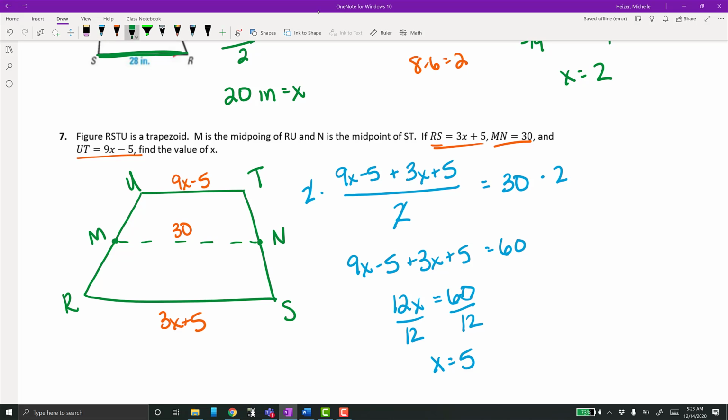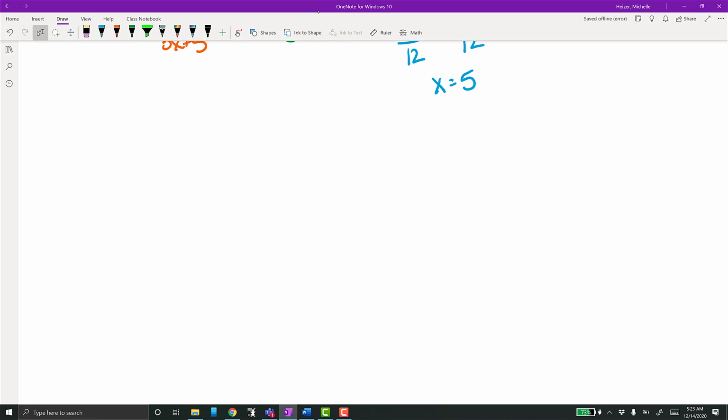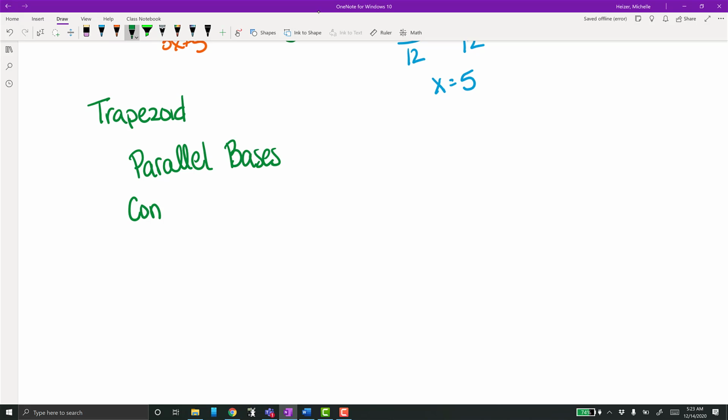So let's go ahead and just outline and highlight a few things we need to remember. For a trapezoid, we have parallel bases. We need to remember that. We also have consecutive angles supplementary.